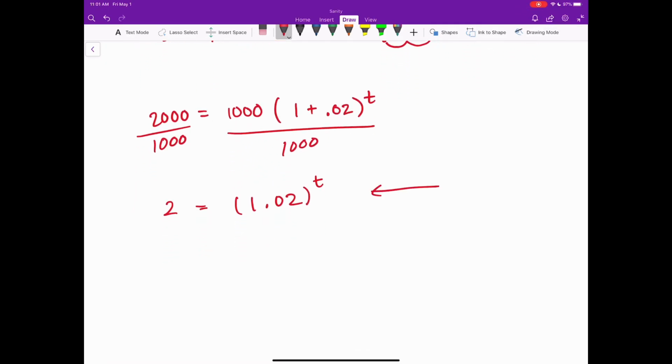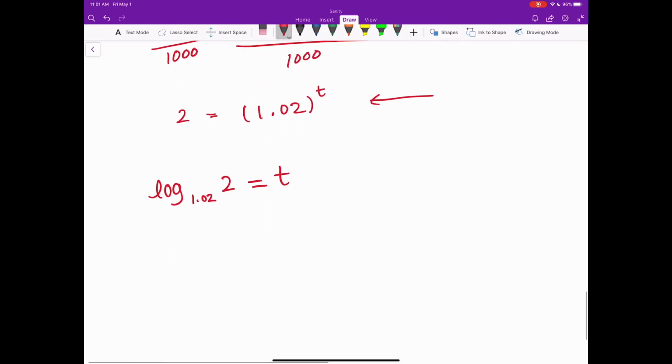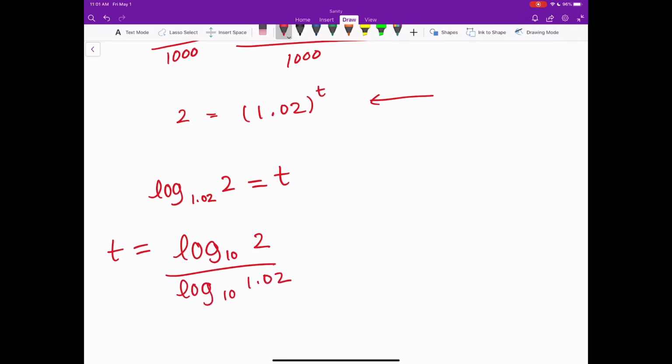Now I can write it in logarithm form. So I have a base of 1.02, so I'm going to have log base 1.02 of 2 equals t. Using my change of base formula, I'm going to say that t equals log base 10 of 2 divided by log base 10 of 1.02.